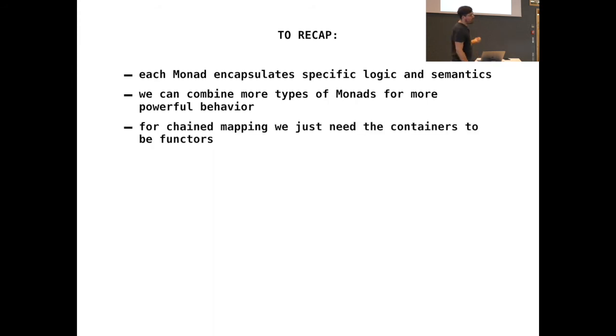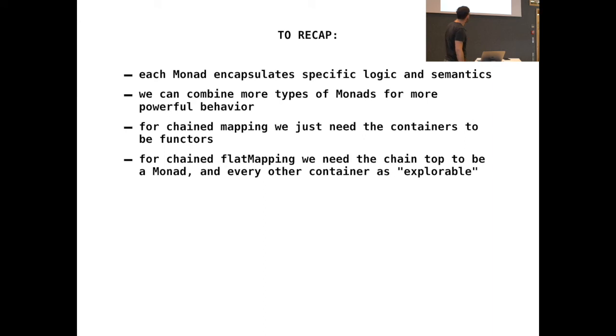Now, for chained mapping, so if we want to write map functions that go deeper, we really just need the containers to be functors. But for flat mapping, we need the chain top to be a monad. Every other container must be a specific kind of container, an explorable container, and we need to write a template for each and every one of them.